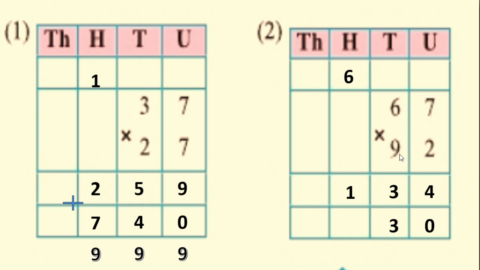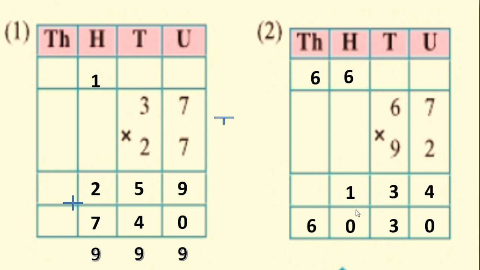Okay. Then 9 sixes are how much? 54 plus 6, that is nothing but 60. Right? So 0 we will write here and 6 is carried over to thousands place. Now we will write 6 down.